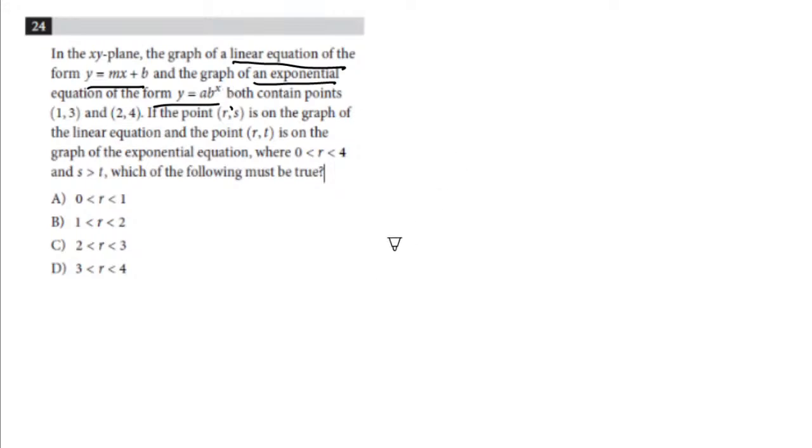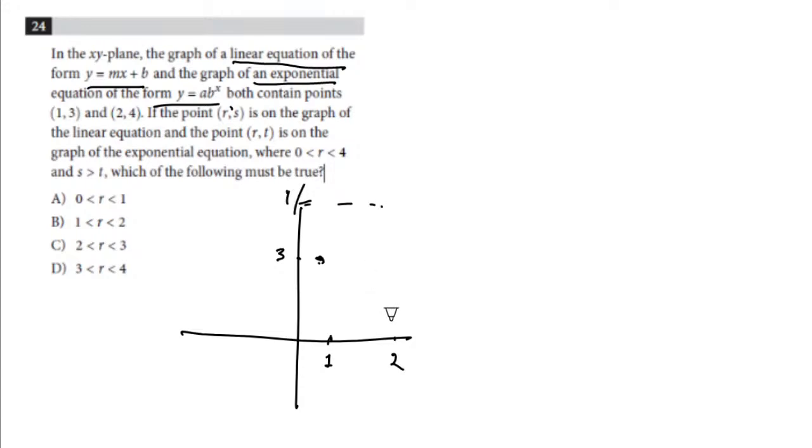Okay, we have a graph and we have points like 1 and 2, and this is 3, it equals 3, let's put it here, 3, and 2 is 4. Okay, so both contain these points.